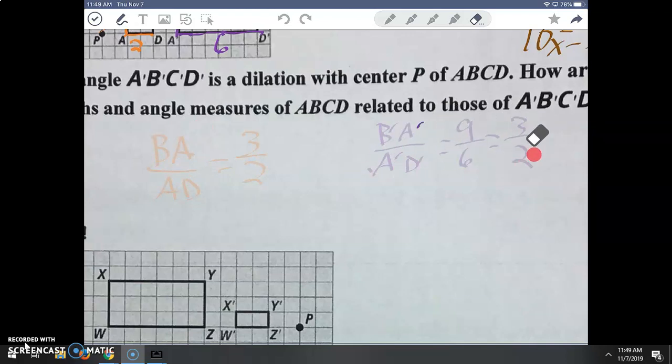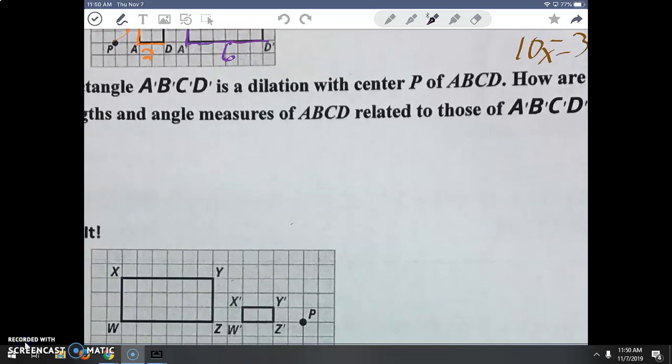Before we get into scale factors, let's talk about how we set up ratios. We want to set it up as the image over the pre-image, and that's how we set up the ratios for all of these.